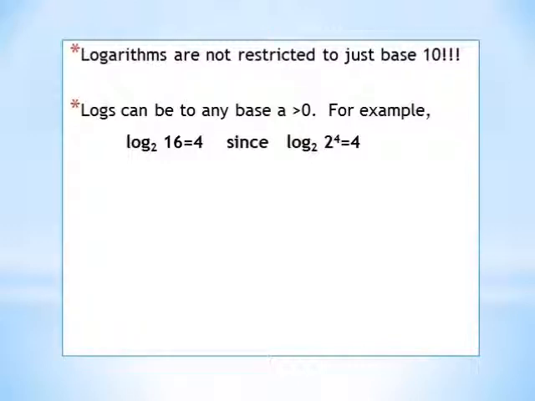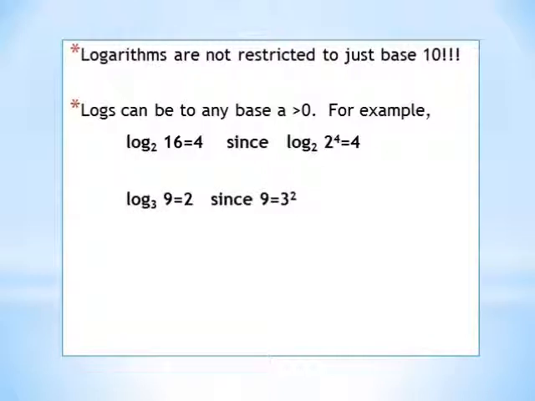Just like when we studied base 10, as long as you can write a number to the same base as the base of the log, the logarithm will only record the power, or the exponent. So we write 16 with a base 2, which is 2 to the 4th. And as long as the base 2 here and the base 2 here match, the logarithm will give us just the exponent, or 4.